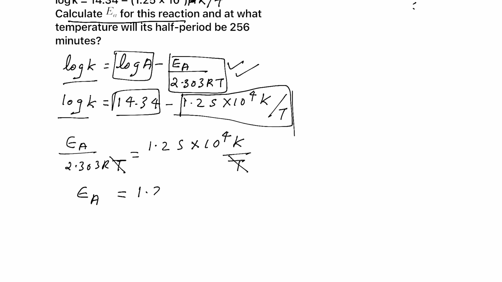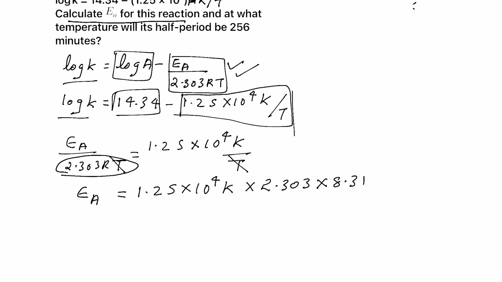Ea is equal to 1.25 into 10 raised to 4 Kelvin into, take this part to the RHS, 2.303 R. What is R? 8.314 Joule Kelvin inverse mole inverse. Why are we writing this unit here? Because to cancel this K. K into K raised to minus 1 becomes 1.